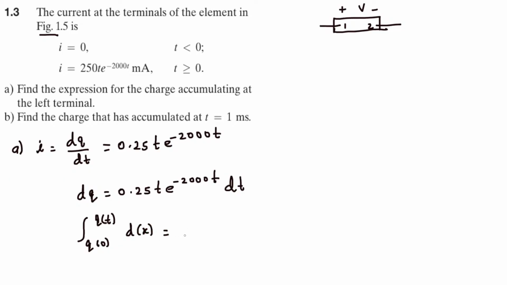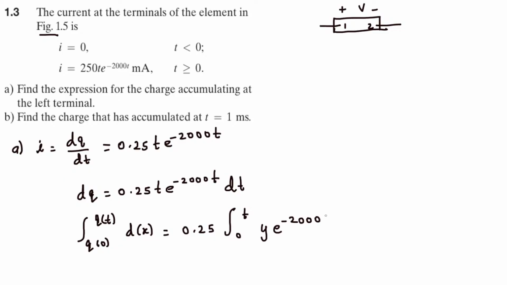Okay, and which is going to be 0.25. Only the terms which contain the t are going to be integrated, so I get the number out also because it is just a constant, and then integrate from 0 to t. Here we had to use y or some other variable. Y is going to be good: y e^(-2000y).